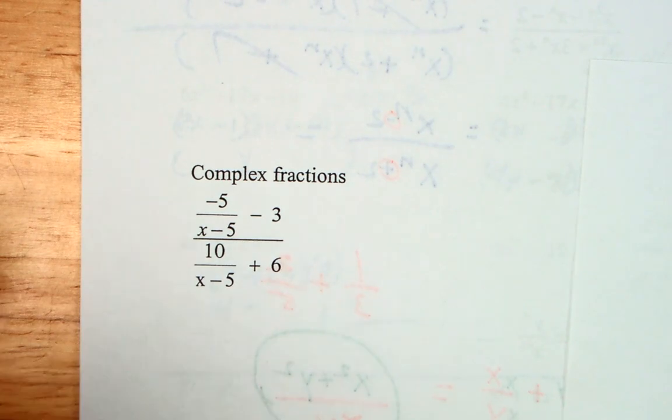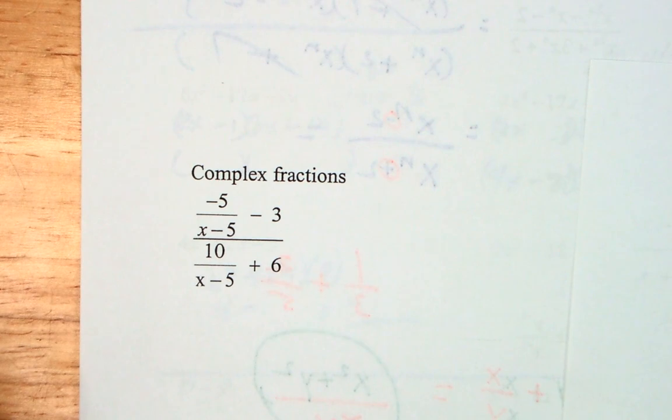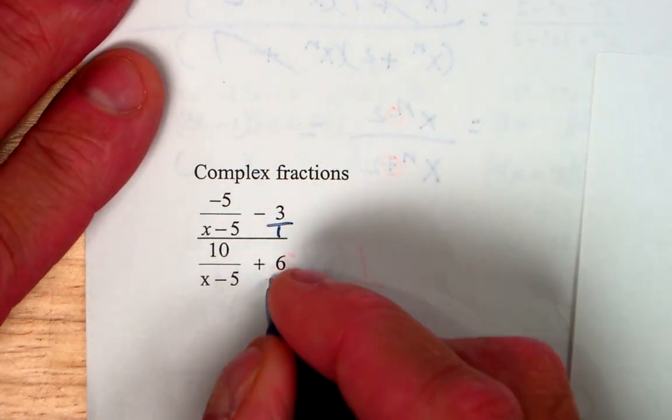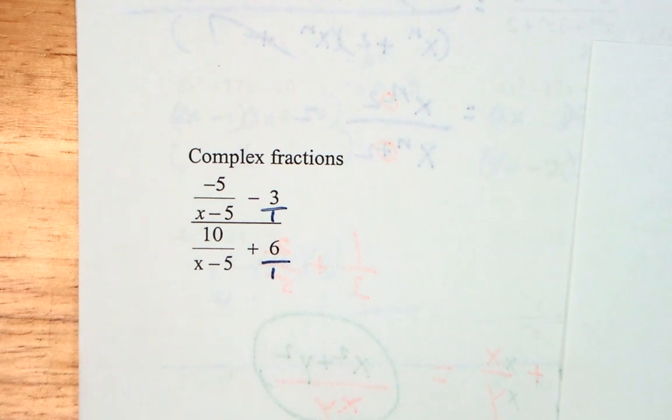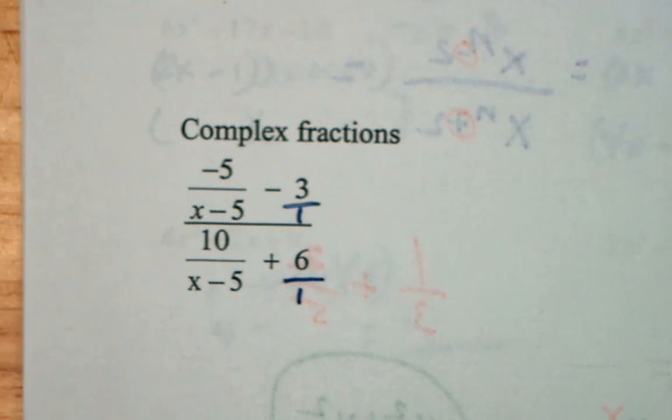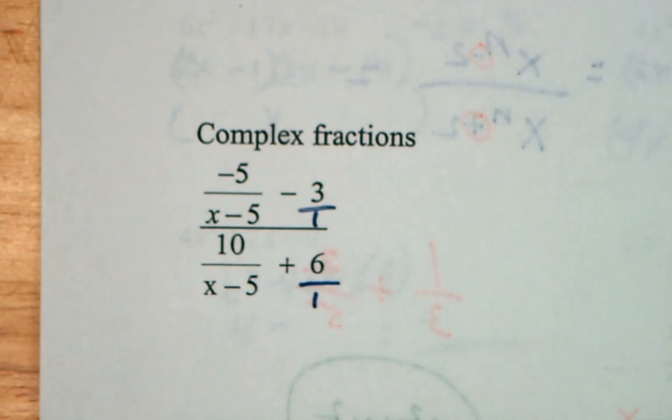I'm going to see if I can change to a different pen, because this is going to be some fine detail work. So what we have to do is find a common denominator on the top and a common denominator on the bottom. Simplify the top, simplify the bottom, and then we're going to flip and multiply.